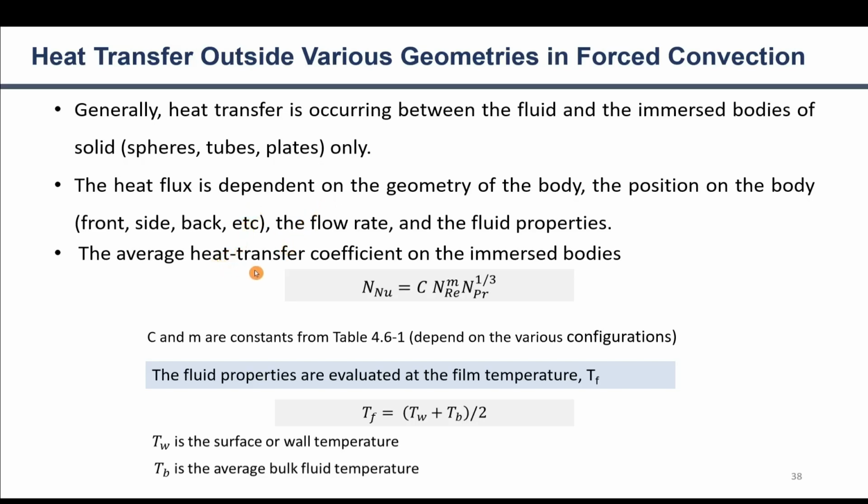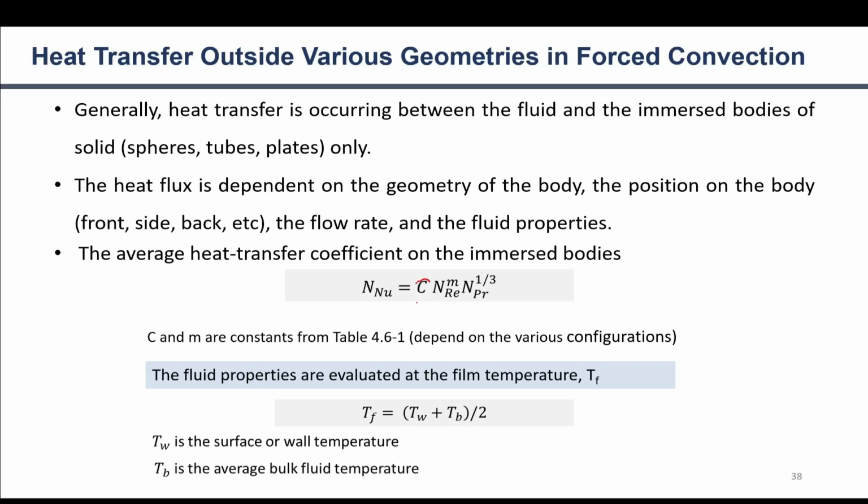Therefore, the average heat transfer coefficient on the immersed body is given by this Nusselt correlation, which is equal to C times Reynolds number raised to m times Prandtl number raised to 1/3.